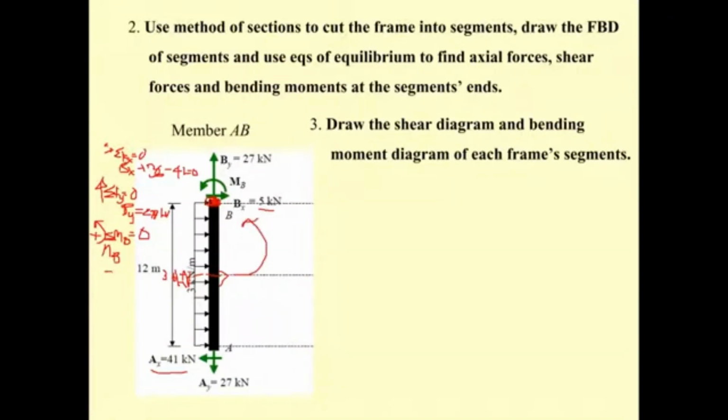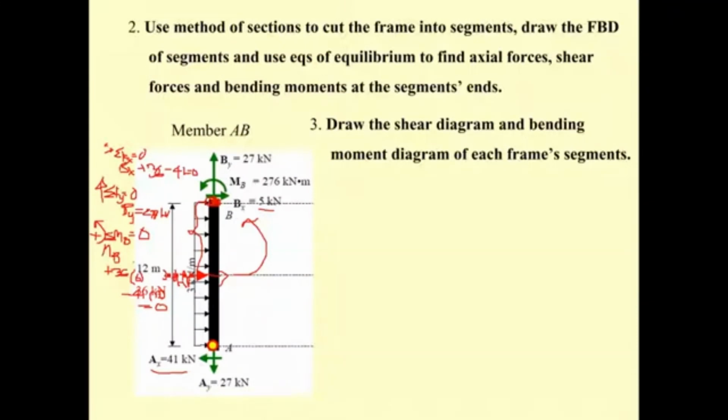That should be plus 36, and 36 has this length, and this length is half of 12, so times 6. And then we have the 41 in the opposite direction, minus 41, and 41 times 12, and then it's equal to 0. So what you get is 246 kilonewton meter. Okay, let's check if it is correct or not.